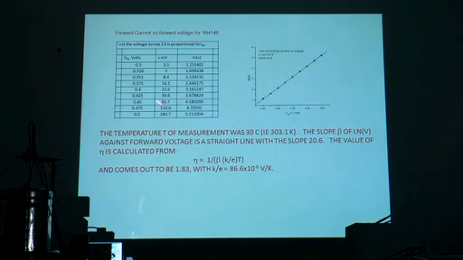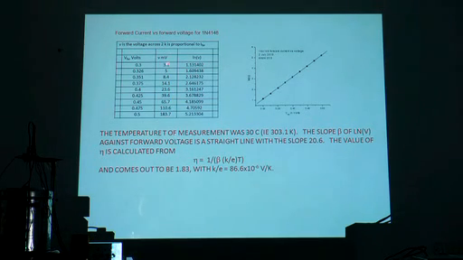So, this is the table: the forward voltage, 300 millivolts is 0.3 volts, up to 2.5 volts, and the corresponding millivolts across the 2K resistor, which is proportional to the forward current.